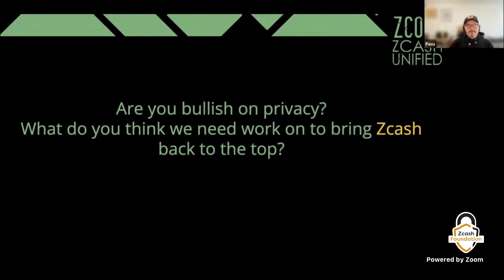I think once we are in a general bull run, Zcash will be there among the top coins. At the moment we don't have coins acting independently from each other; we see Bitcoin going up, and then the rest of the ecosystem catches up.